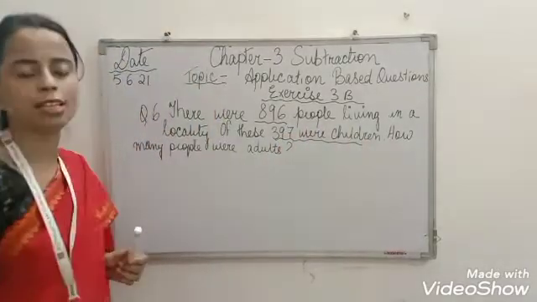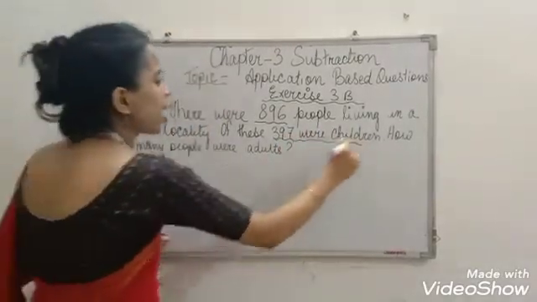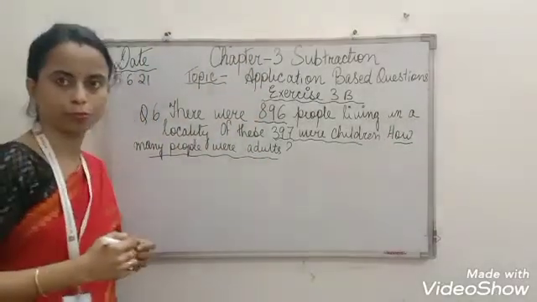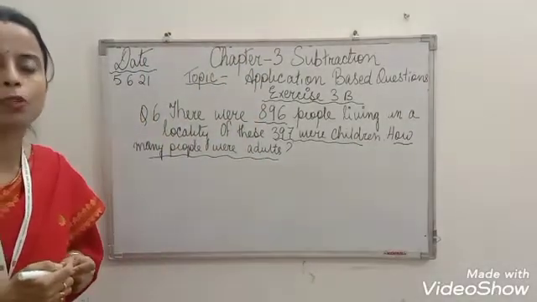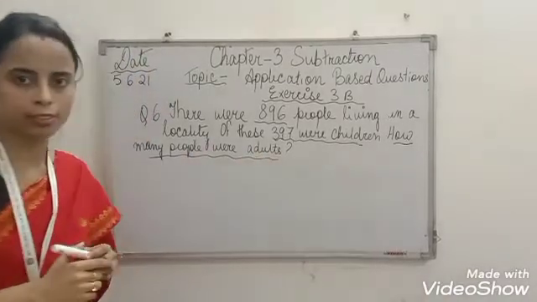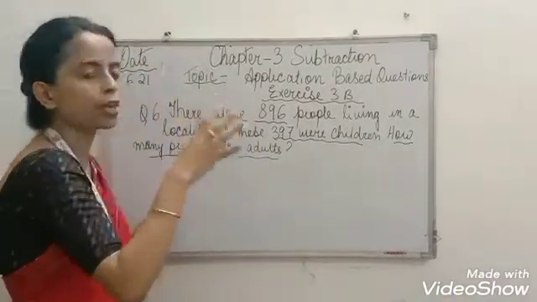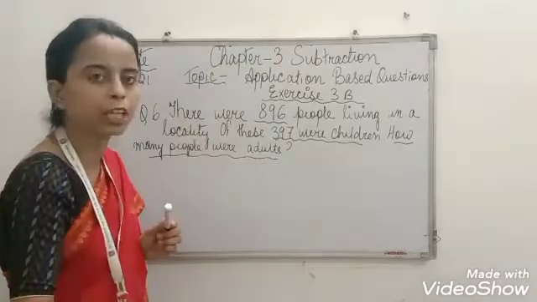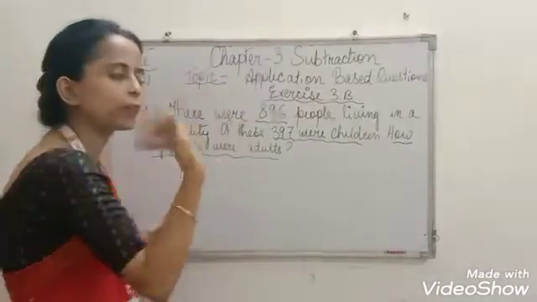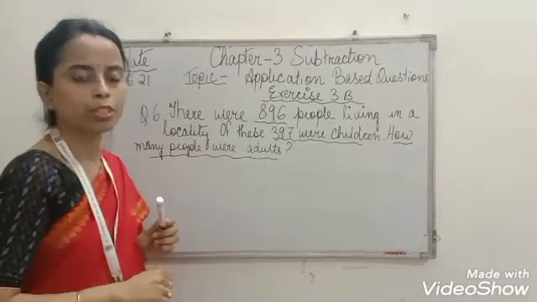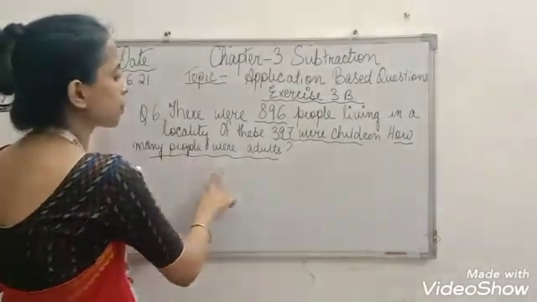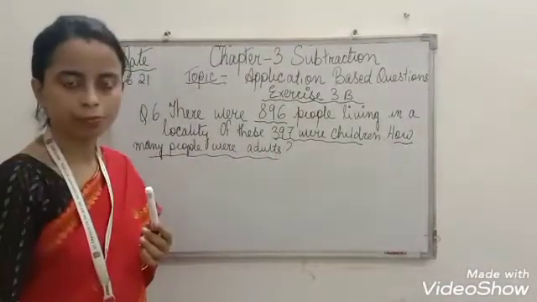Now what is the question asking? How many people were adults? So you have to find out what? How many people were adults? In the question, the total number of people living in a locality was given. Out of them, how many were children? That is also given. Now what we need to find out? How many people were adults?